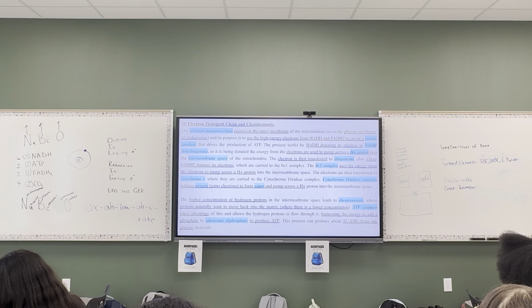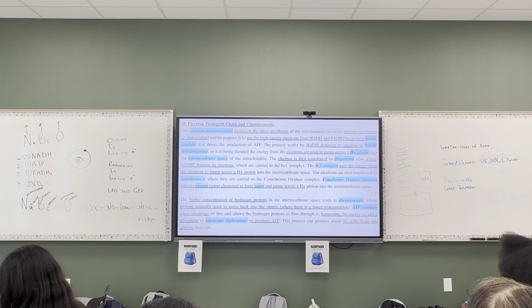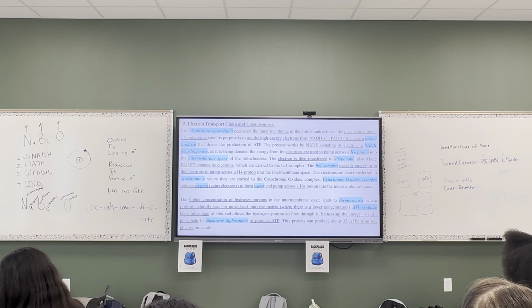Perfect. And what is the BC1 complex? Go ahead and read it for me, please. Sam. BC1 complex uses the energy from the electrons to pump across the H proton into the intermembrane space. The electrons are then transferred to cytochrome C, where they are carried to the cytochrome oxidase complex.